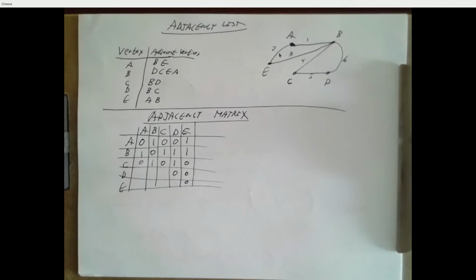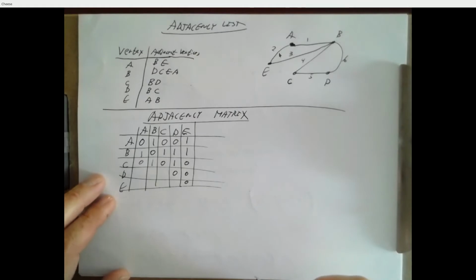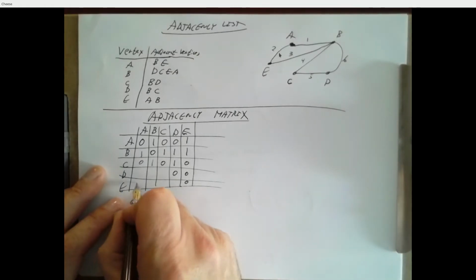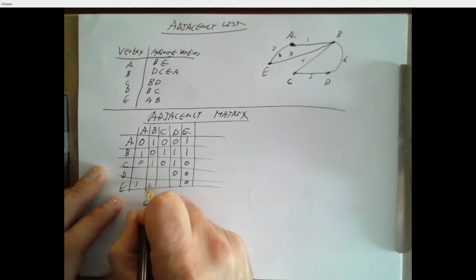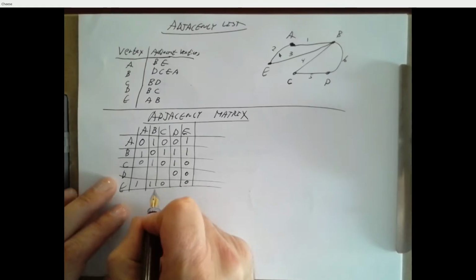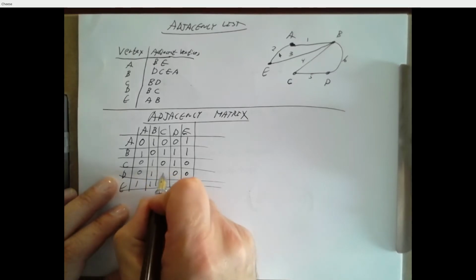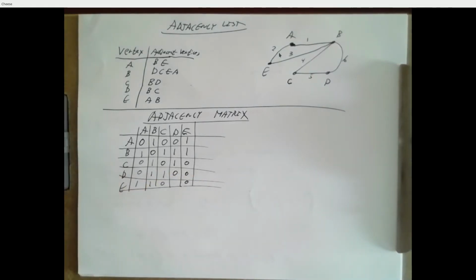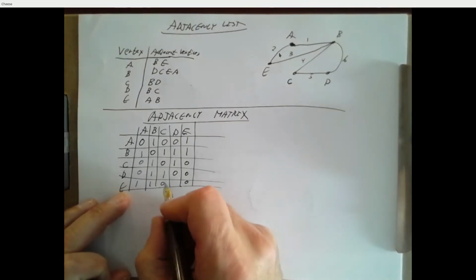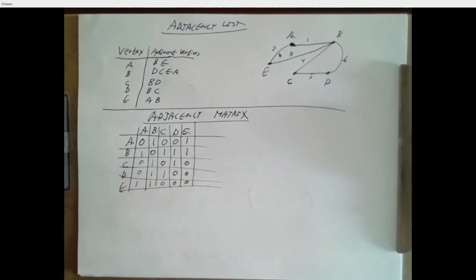The matrix is equal to its transpose, means it's symmetric, so you can swap rows and columns. So I think that's right. And again, this completely captures information about the graph.